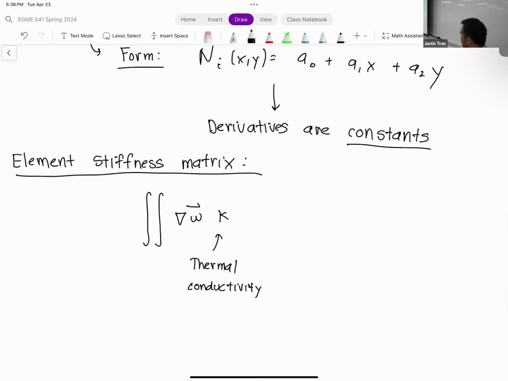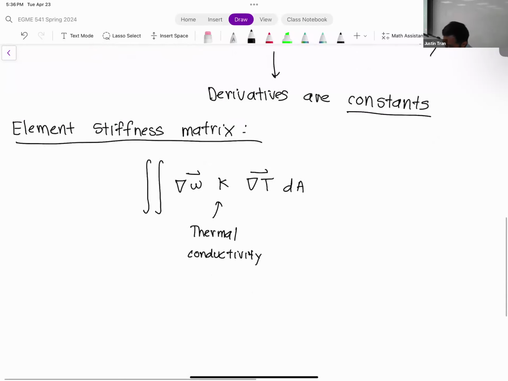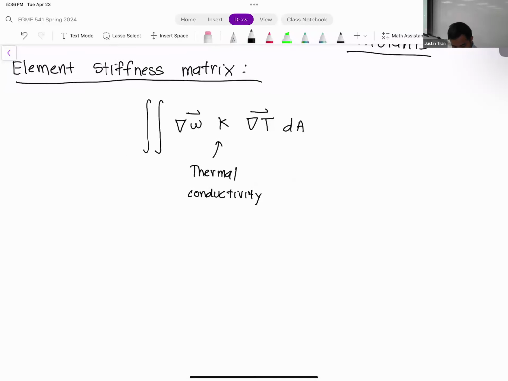In most cases, your thermal conductivity is just going to be a constant. And then we're going to multiply this by the gradient of our temperature field, T, and integrate that over D. All right. So that's what our element stiffness matrix looks like.